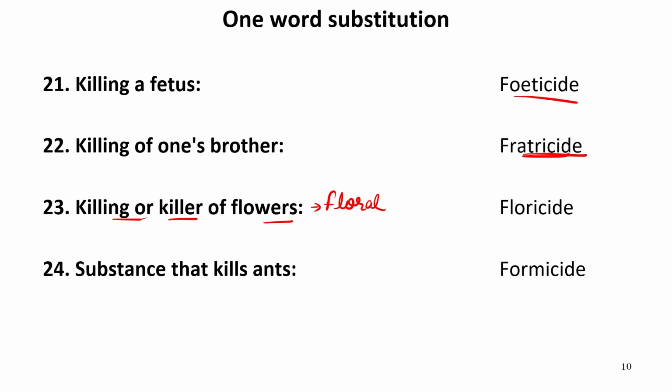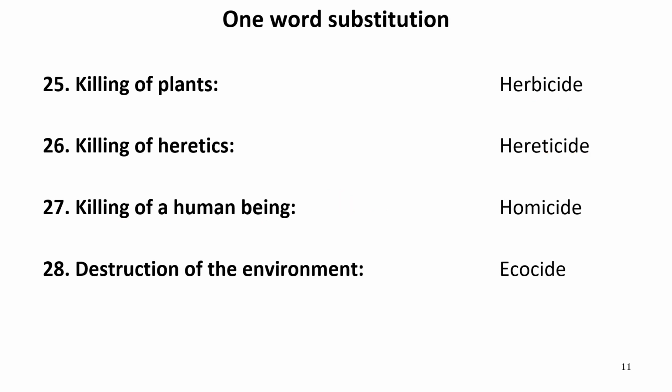Substance that kills ants, that is known as formicide. Now let us move further. Killing of plants. So for plants, we use a word herbal. From that, we can learn a word that is herbicide. Killing of heretics. Now, heretics is a synonym of atheist.